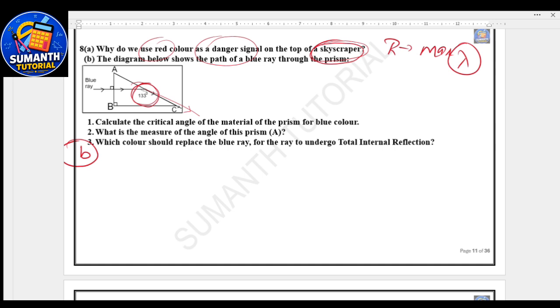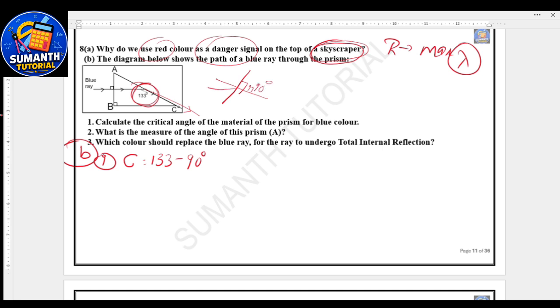Then see here how to calculate the critical angle. Critical angle will be 133 minus 90 degree. How you write it is very simple. Critical angle in the sense, observe, if this is the refracting surface, then this is the angle of refraction. That value is 90 degree for critical angle.